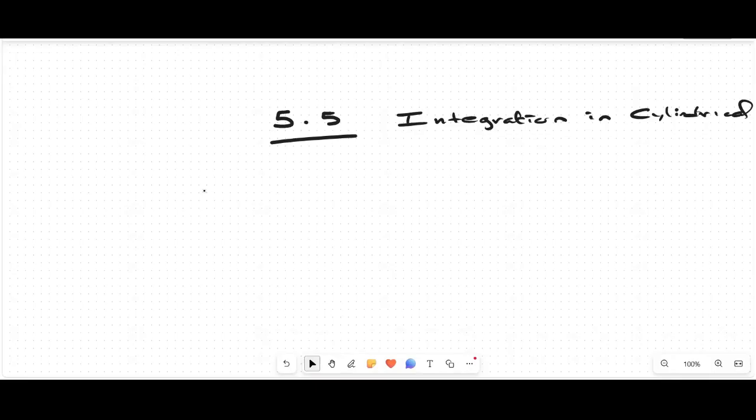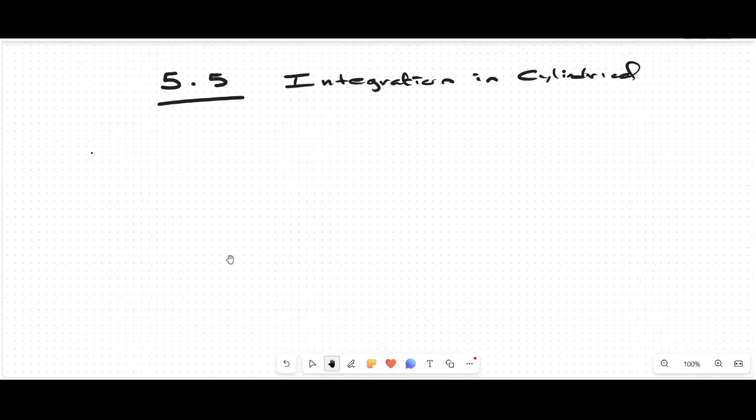There's not very much material left to cover. So I'm going to spend today doing cylindrical coordinates. We'll see how far we get, and hopefully you don't feel like it's too much information in a day. And then tomorrow we'll do spherical and the same thing, and then we'll see where we are on Thursday.